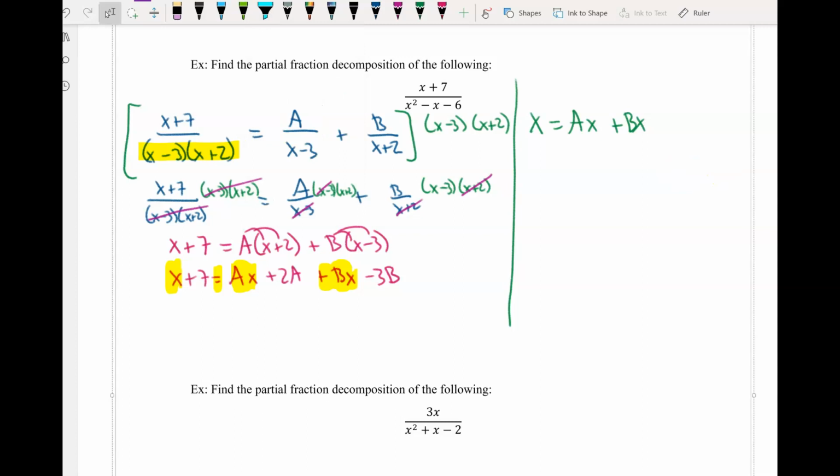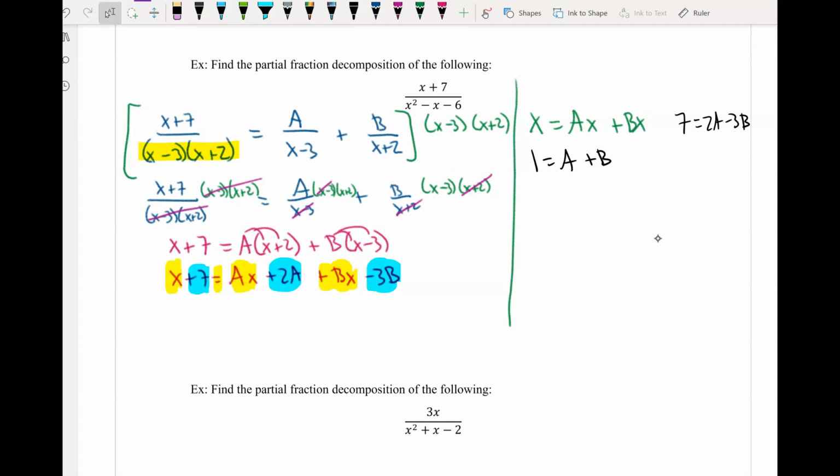So this positive 7, which is a constant that doesn't have an x, since it's an equality, this should equal the 2a and the negative 3b. So that means 7 is equal to 2a minus 3b. You can see here the x's don't really matter. You can imagine that we're factoring out the x's. So instead of the x, we have 1 equals a plus b. Because we don't really need the x's.